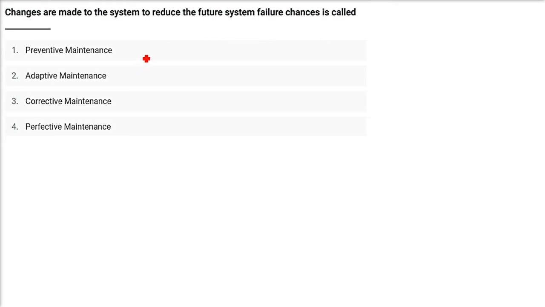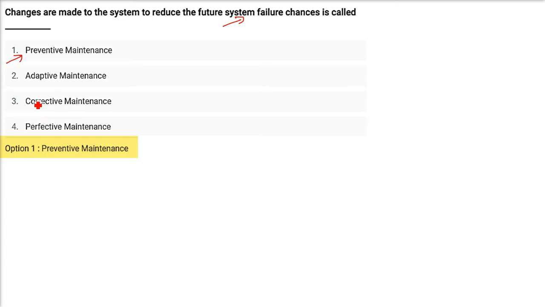Changes are made to the system to reduce the future system failure chances is called? So in order to stop later failures, what do we do? We do the preventive maintenance. Changes made to the system to reduce the future system failure chances is called preventive maintenance. That is, we want that the fire should not happen.